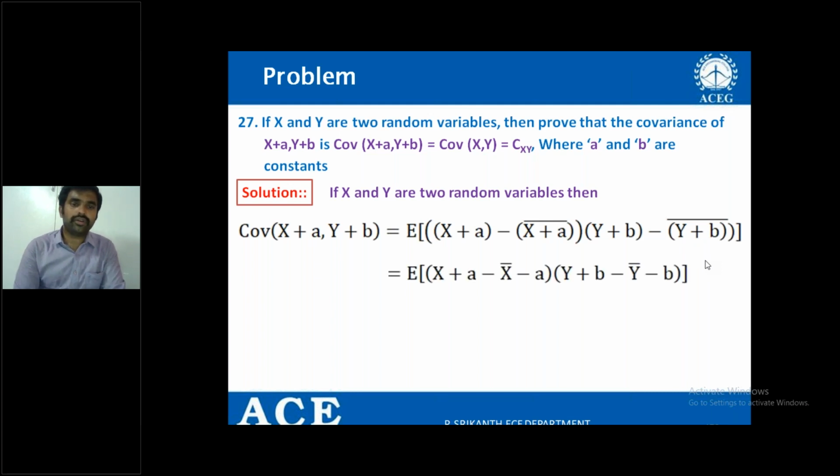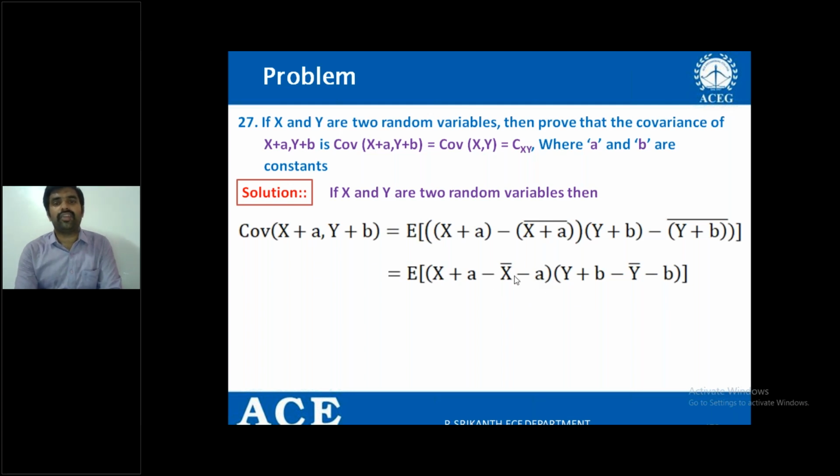Therefore, if I rearrange the terms, how can I write this? X plus a minus x plus a whole bar is nothing but x plus a minus the expectation of x plus a. As per the property of expectation, it becomes x minus expectation of x, minus expectation of a. Anyway, the expectation of a constant is the constant itself.